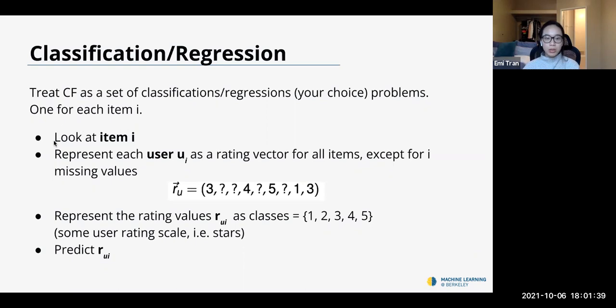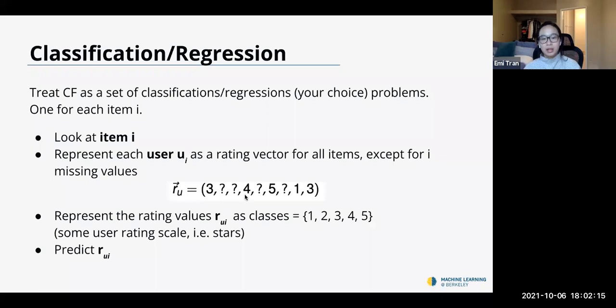First you look at item I, just the item I across all users, and then represent each user U as a rating vector for all the items. For example, I have this rating vector R_U, and user U already rated the first item, for example the first movie, as 3, like mediocre, okay.